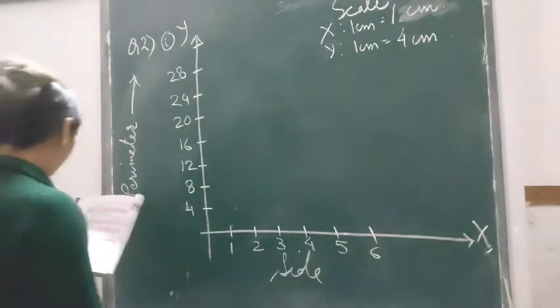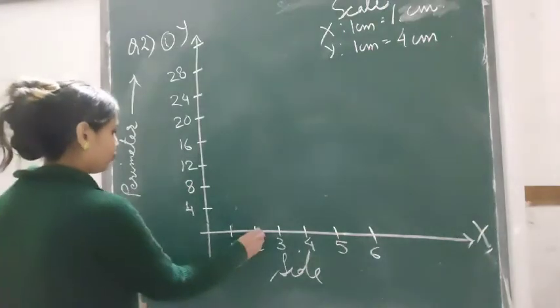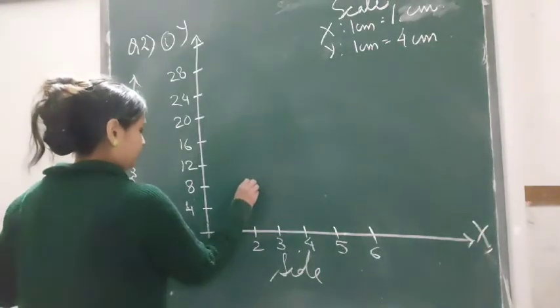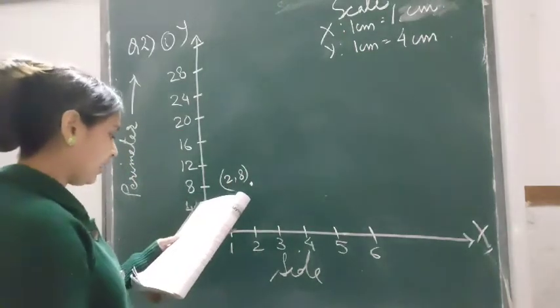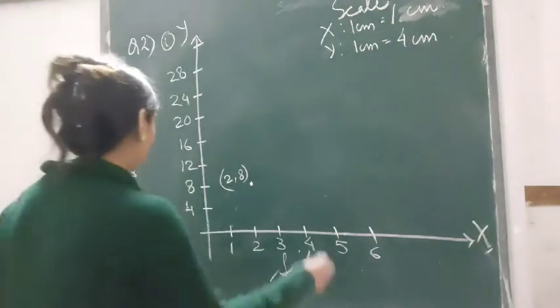So when the side is 2, perimeter is 8. Side is 2, perimeter is 8. When the side is 3, perimeter is 12.